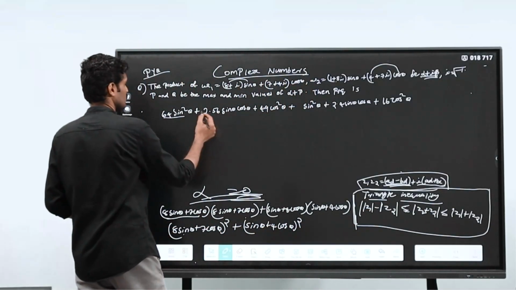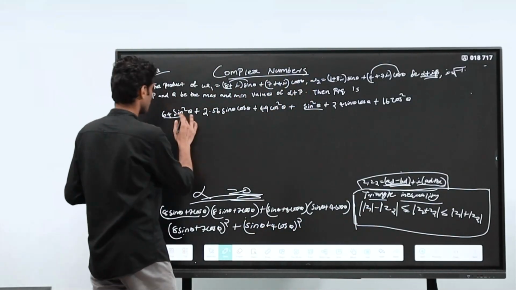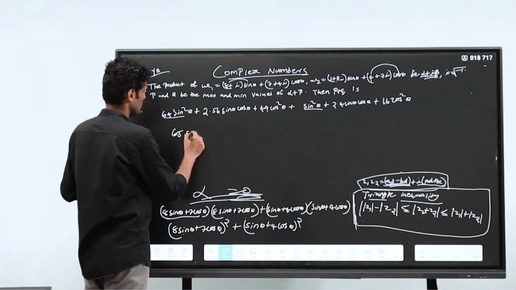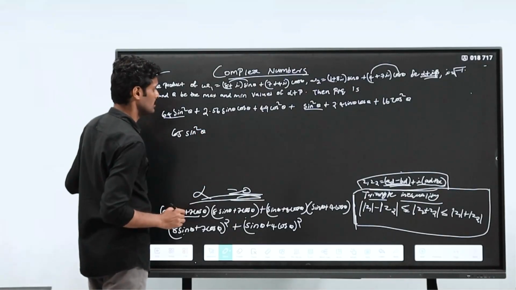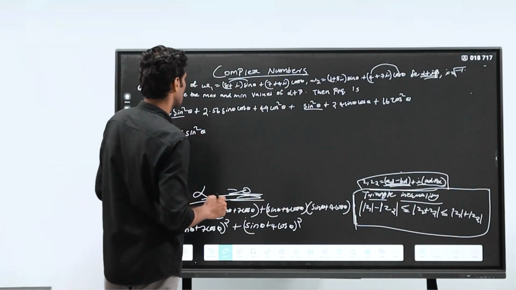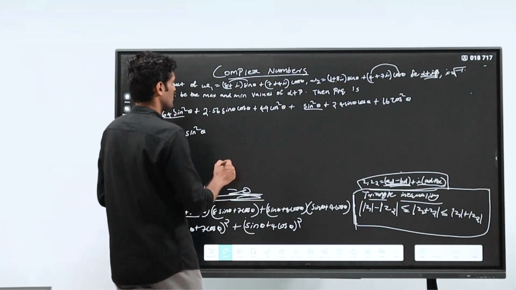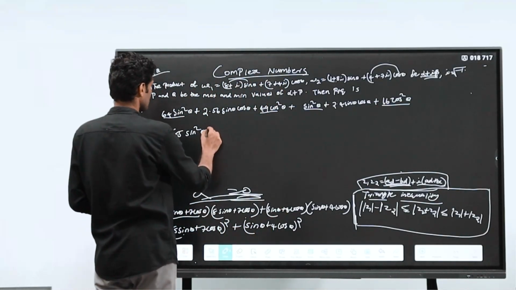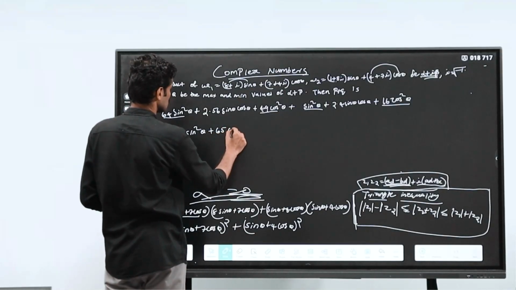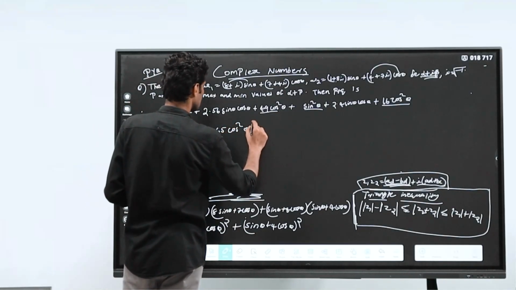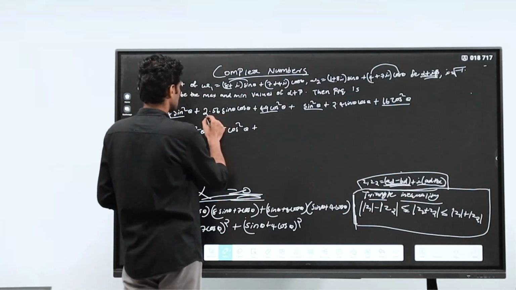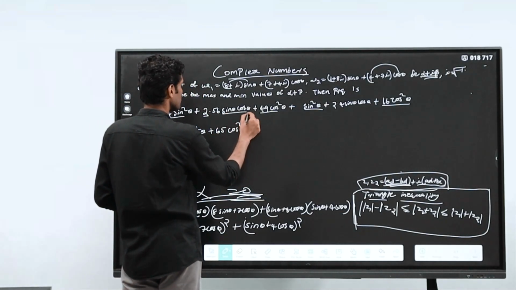So we can add 64 sine square theta plus sine square theta, that is 65 sine square theta, 49 cos square theta plus 16 cos square theta, that is again 65 cos square theta, plus this term 2 sine theta cos theta.